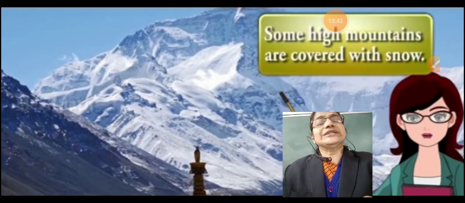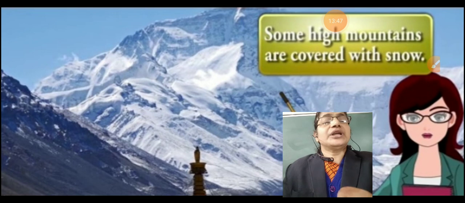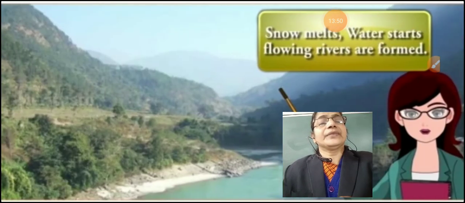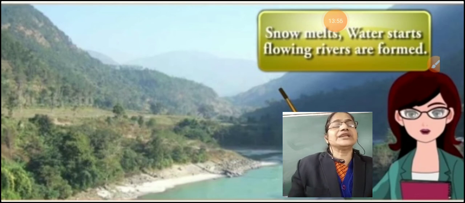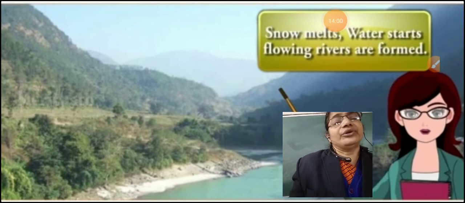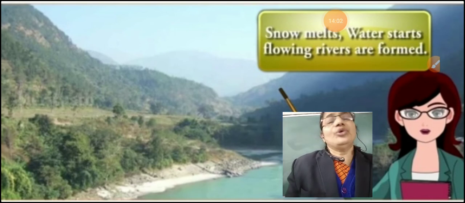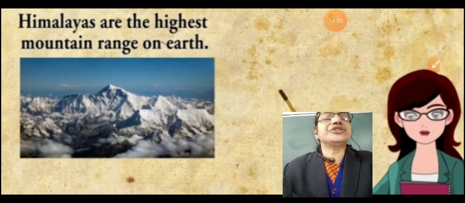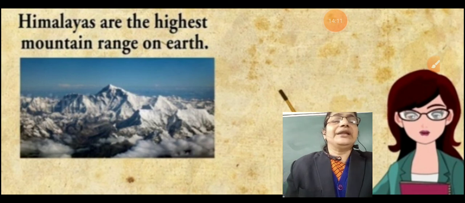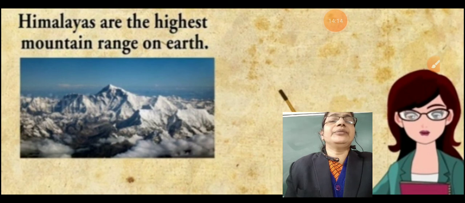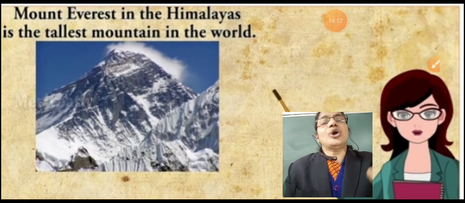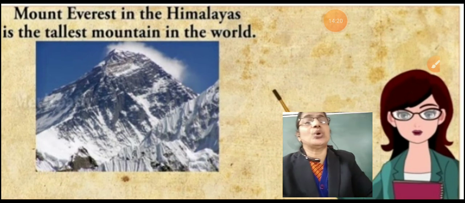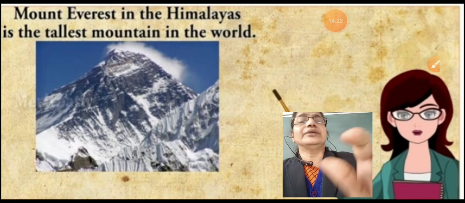Some high mountains are covered with snow. Snow melts, water starts flowing, rivers are formed. Now Himalayas are the highest mountain range on earth. Mount Everest in the Himalayas is the tallest mountain in the world.